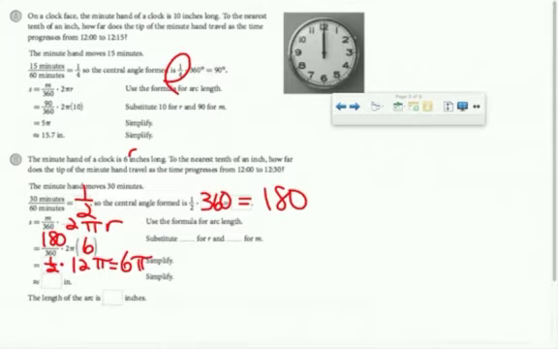And they want us to evaluate it, so we're going to take 6 times pi in our calculator. And 6 times pi is 18.85. So the length of the arc is 18.85 inches.